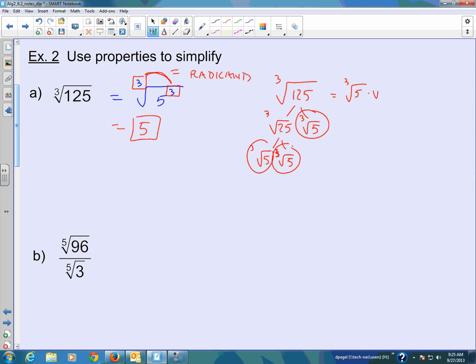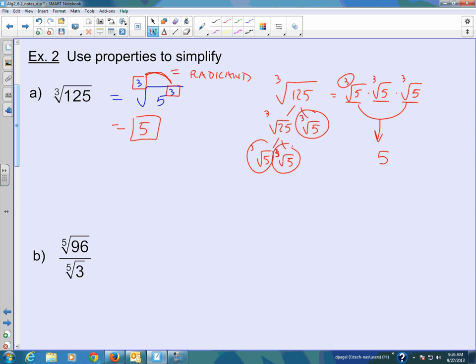And here's the cool thing about breaking it into prime factors is that in this case I have cube roots. And anytime I have 3 of the same prime factor, because it's a cube root, cube root 5, cube root 5, cube root 5, then all that comes out of this is just the radicand.